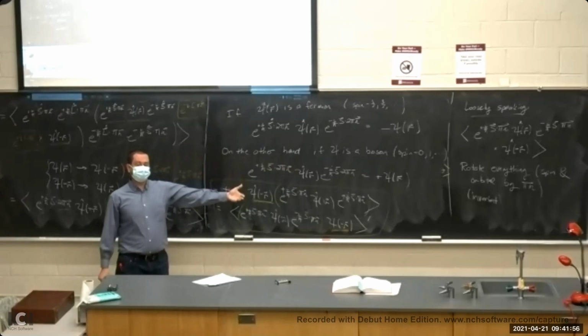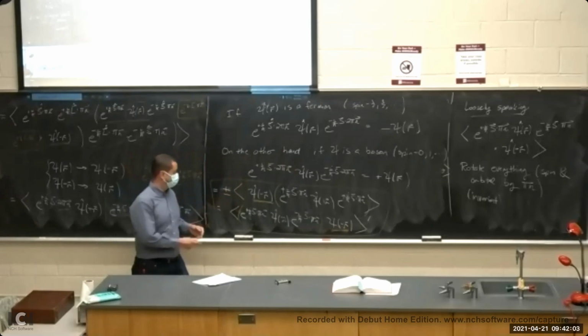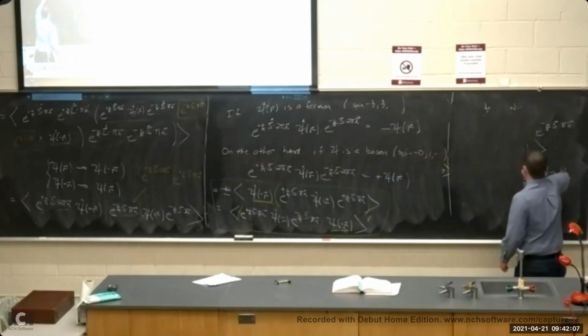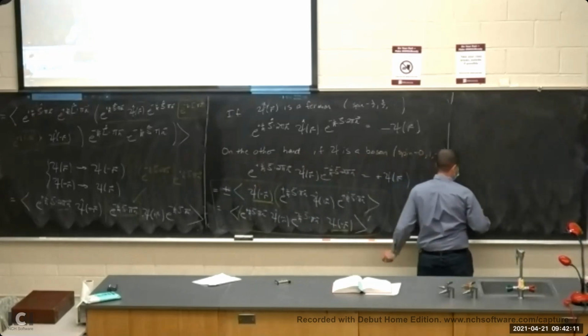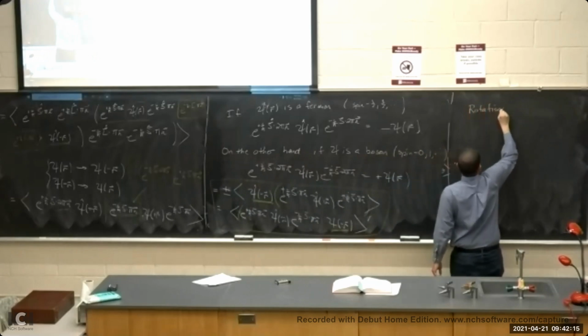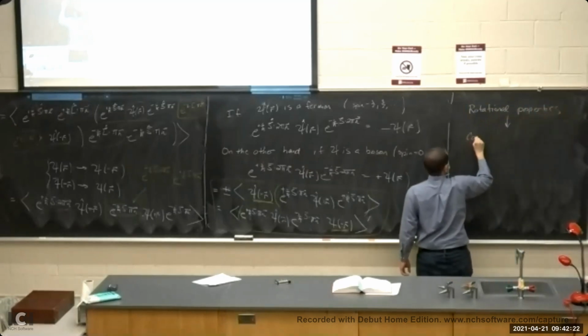So from the properties of rotation, which is where the minus sign comes from, we learned something about the commutation relations of the fields. So the crux of where this comes from is that the rotational properties imply the commutator algebra.